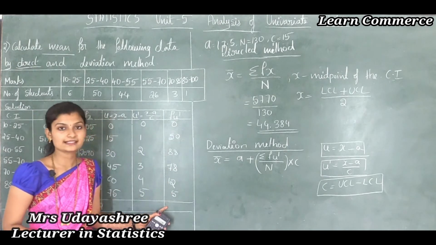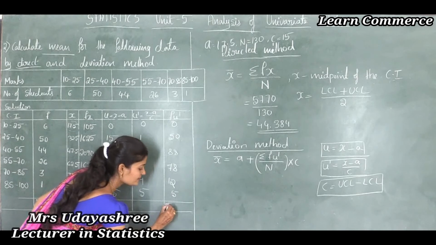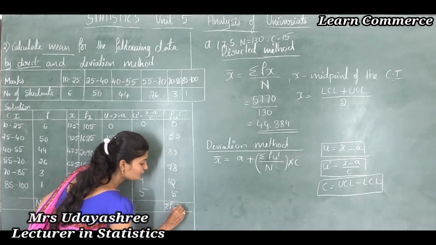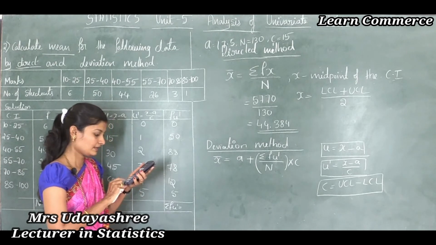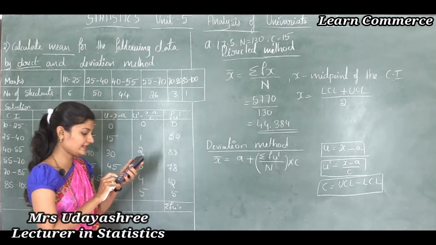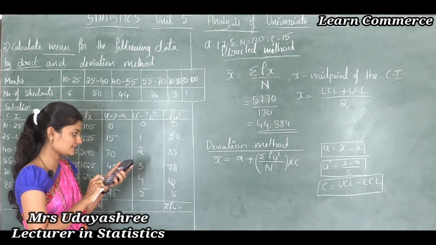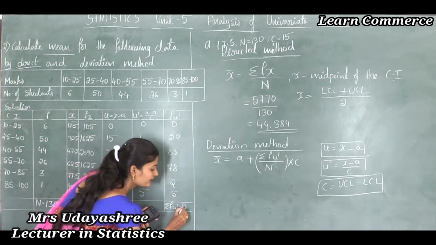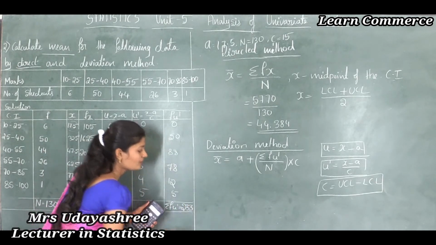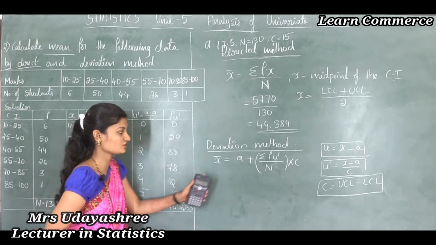So here we need the sum of f into u dash, that is the total of these f into u dash observations. That is 0 plus 50 plus 88 plus 78 plus 12 plus 5. So here the sum of f into u dash is 233. Okay, now I will substitute these observations into the formula.